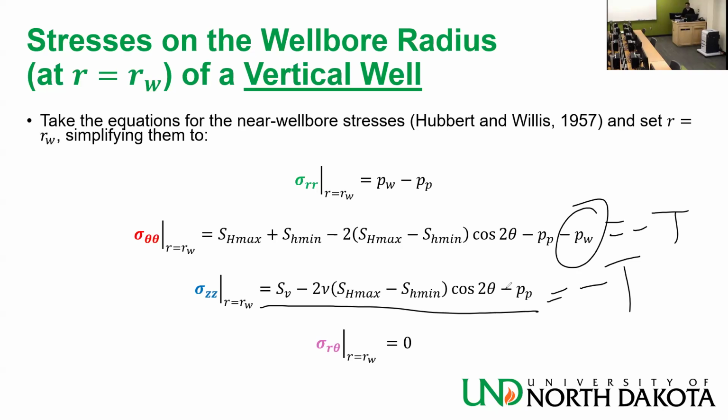So I can either use a more complicated version of those equations where PW is present. If you include poroelasticity, etc., if you make it complicated enough, that's what Nassim is doing, you have PW.